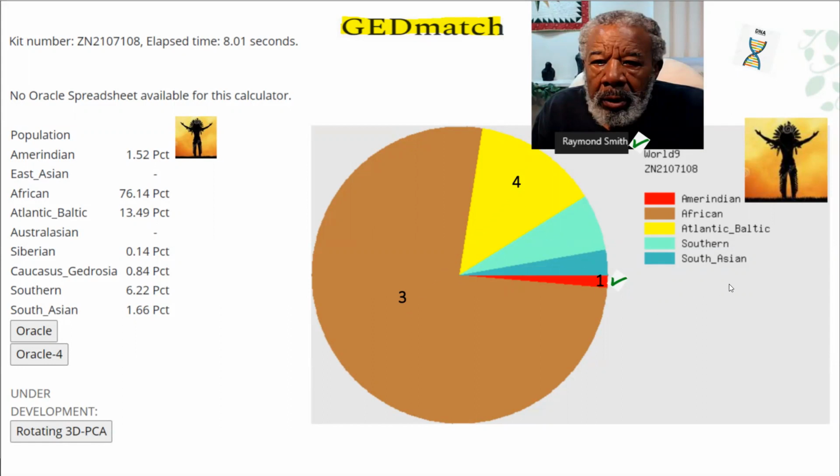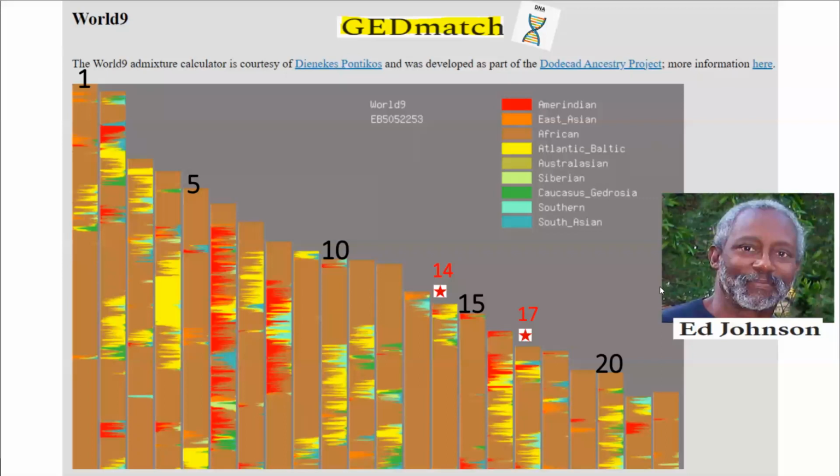Now, this is another tool that you can use in GEDmatch where you can begin to analyze the chromosomes chromosome by chromosome, using this World 9 legend, if you will, to see where you're getting these particular hits. I wanted to see specifically, okay, we see that they got the Native American.